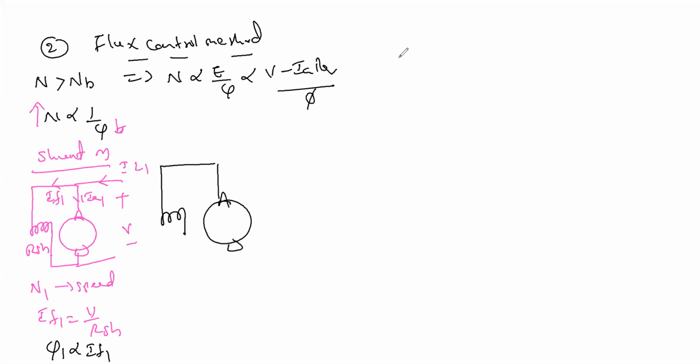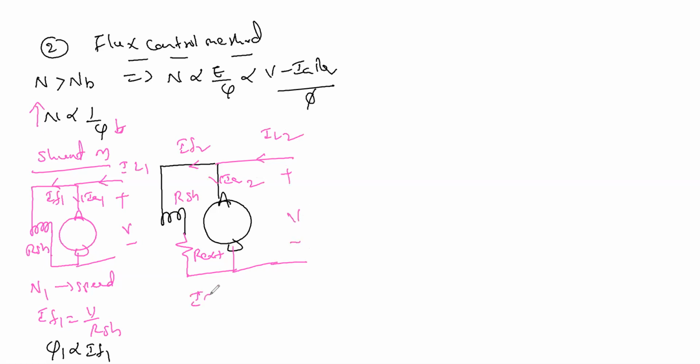So what I am doing here, extra resistance R external. This is RSH. V, IF2, IL2 value. V is the voltage.